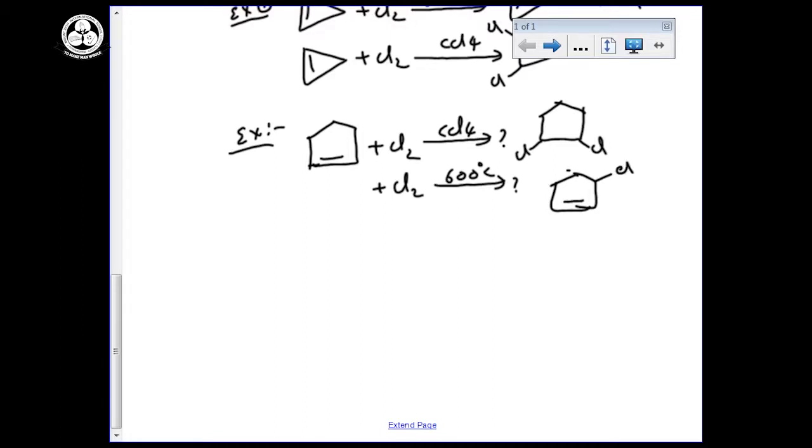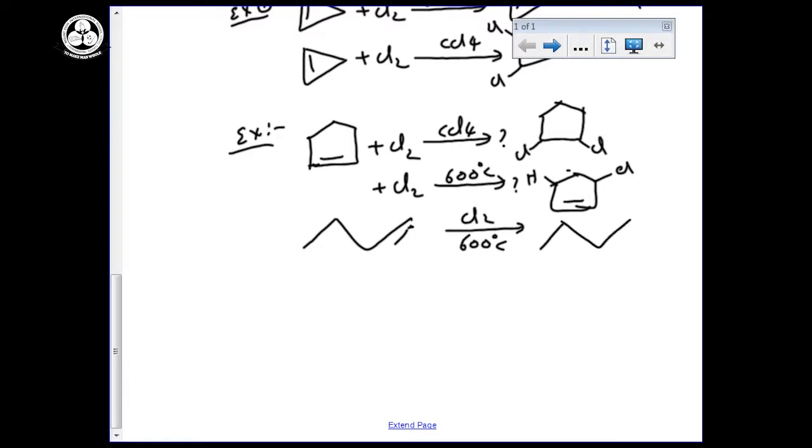Here you can write it, otherwise you can write here also, any one only. Now this is hydrogen. With allylic substitution we can get the chlorine as the answer. Suppose I'm giving like this. Now what is the answer for this one, Cl2 at 600 degrees Celsius?